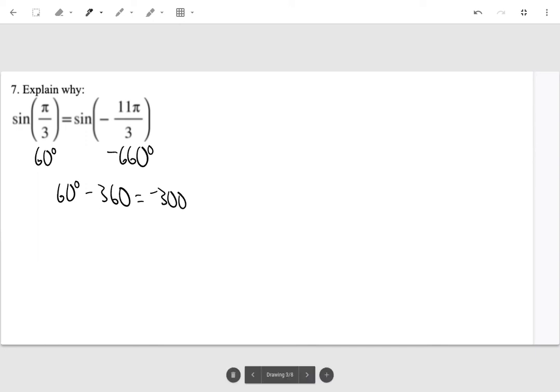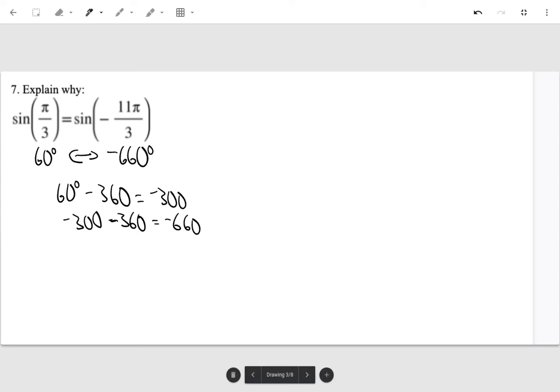Obviously negative 300 is not the same as negative 660. However, if I take negative 300 and subtract 360 a second time, I get negative 660 degrees. So it turns out that these two angles are coterminal.